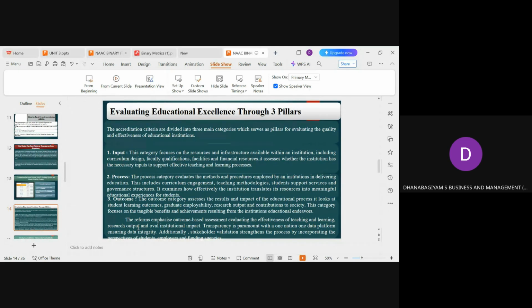Then whether we have graduate employability. According to our curriculum, whether by learning this particular curriculum, either a BBA course or an MBA course, the students are employable in the job market.